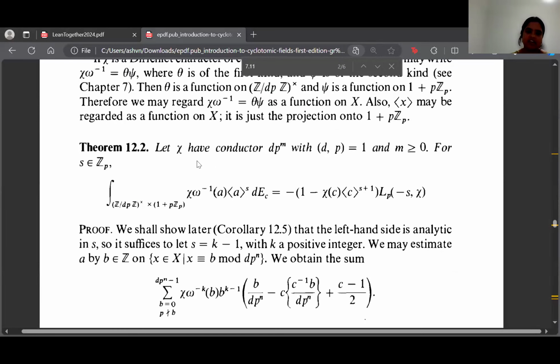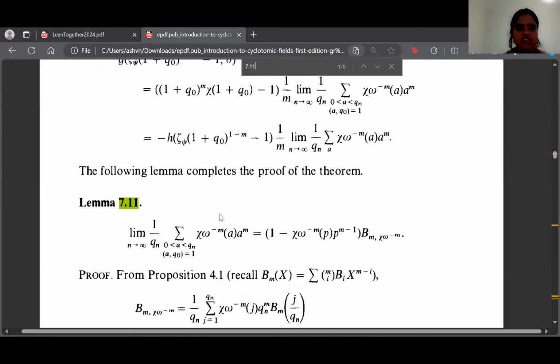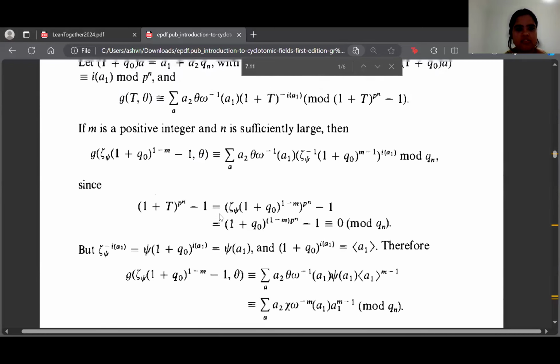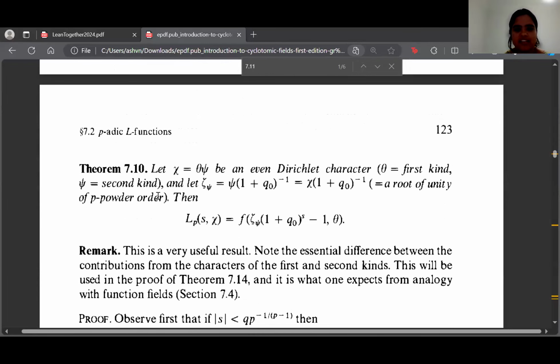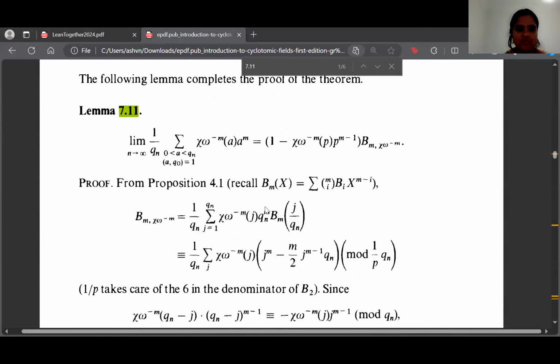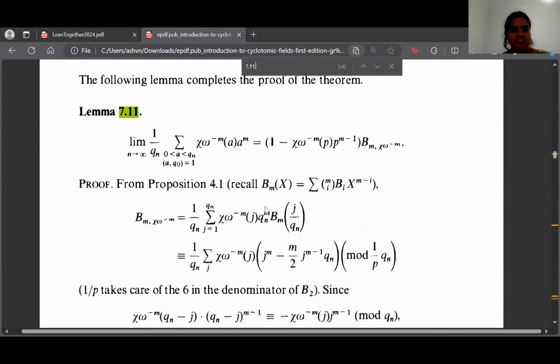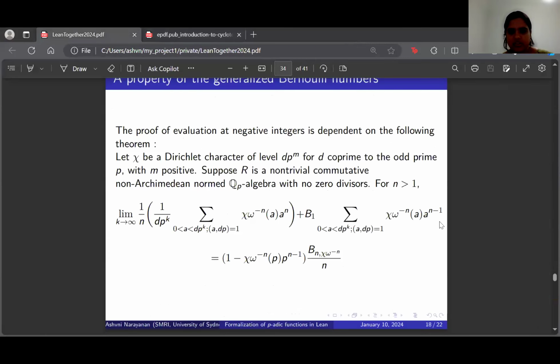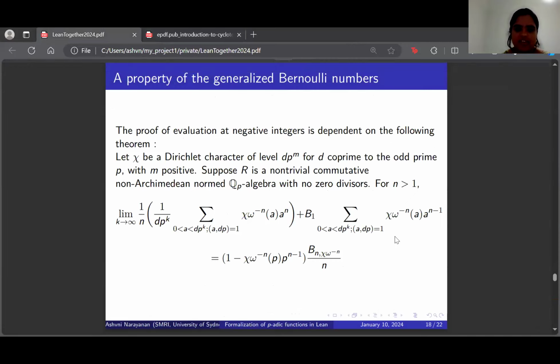So any Dirichlet character can be either odd or even. That is, chi of -1 can be either 1 or -1. But if you look at this lemma here, the hypothesis is actually that chi is an even Dirichlet character. And so the odd case was not considered. Thankfully, it is easy enough to make it work. You only get this extra term here, which turns out to be 0 when chi is even. So that worked out well.